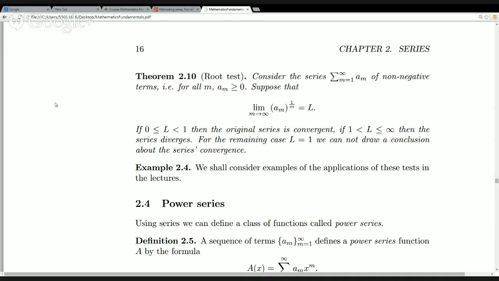So we carry out the test by examining the limit mentioned in the test, figuring out what this quantity L is, and then drawing the conclusion based on L that the test tells us we can make.